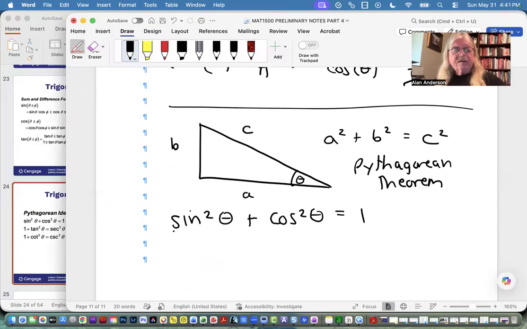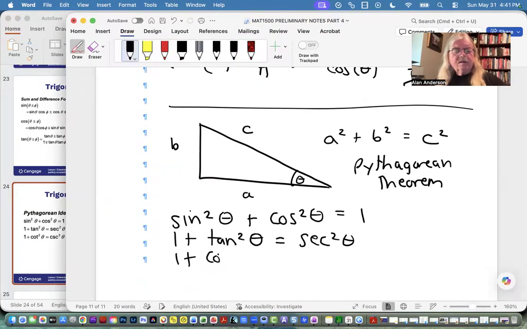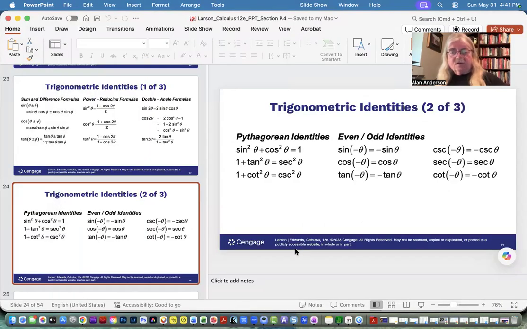One plus tangent squared is secant squared, and then one plus cotangent squared is the cosecant squared.